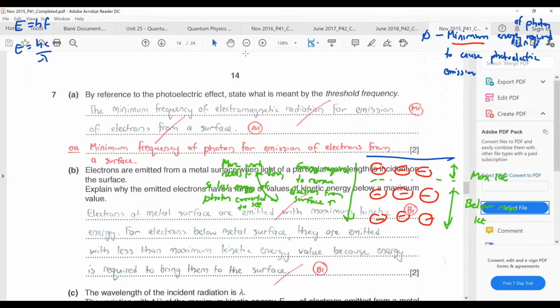So I think I also mentioned here: max KE, least work to remove; below max KE, more work to remove, in the way that I just mentioned.